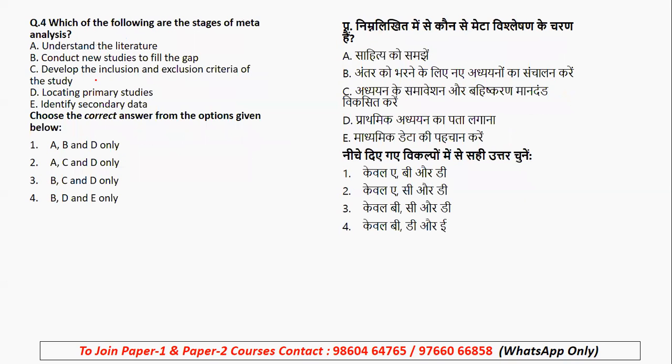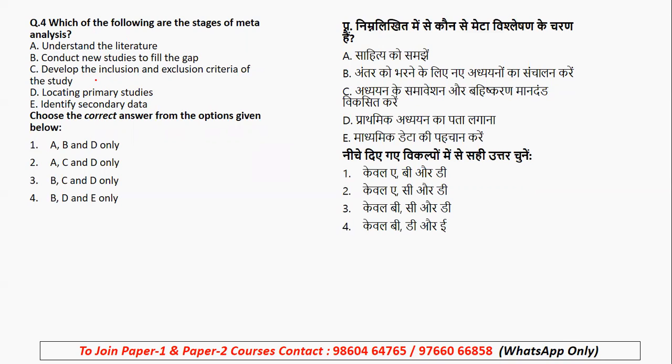Now, coming to question number 4. Question number 4 is about meta-analysis. Let's see what the question is. It asks which of the following are the stages of meta-analysis research. So what is meta-analysis? It is a quantitative, formal study which is used systematically in order to come to a result.